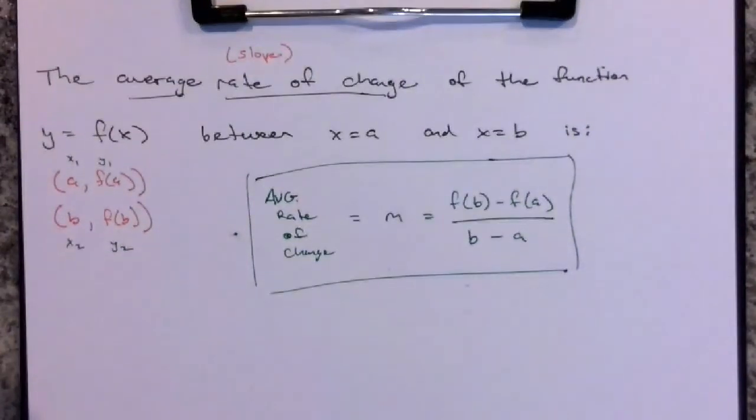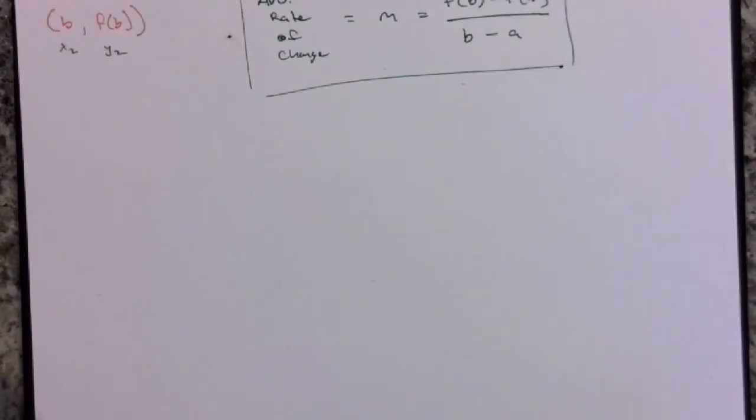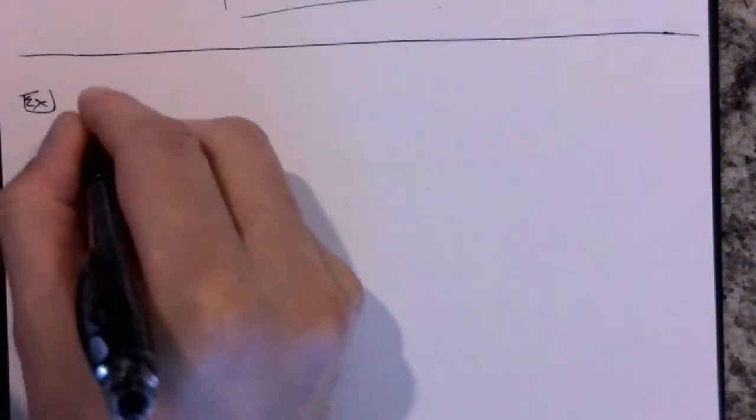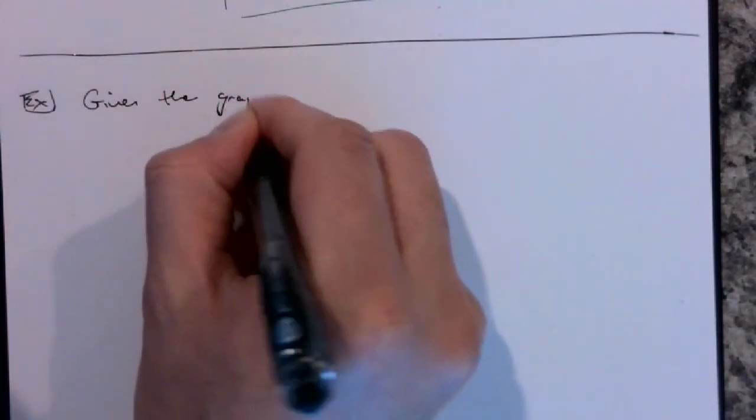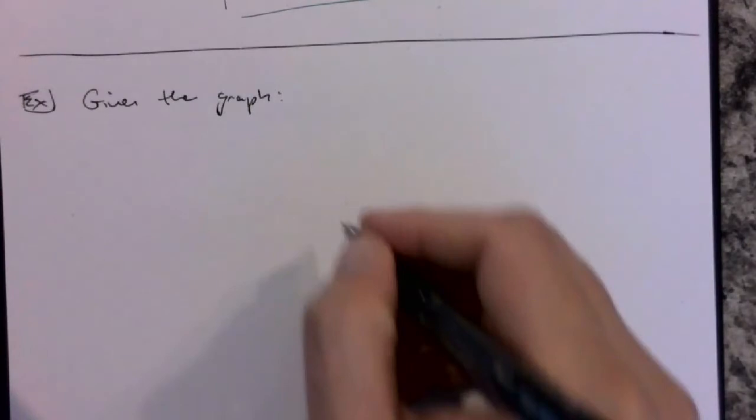So let's take a look at an example just using this. All right, it's no different than finding slope. When you hear average rate of change, that's really what it's telling you to do. So I'm going to give you a graph here. So if I said given the graph, and I'm going to sketch it out. So it's going to have to do with the cost of a wedding.